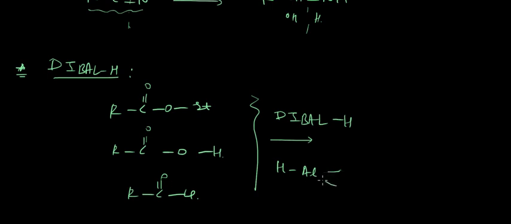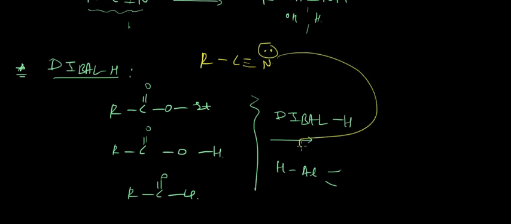The mechanism is pretty much simple. You have R C triple bond N. The lone pair of N would be attacking on the vacant orbital of aluminium. So we will get something like RC triple bond N plus and aluminium minus. Next, aluminium also has an H here.